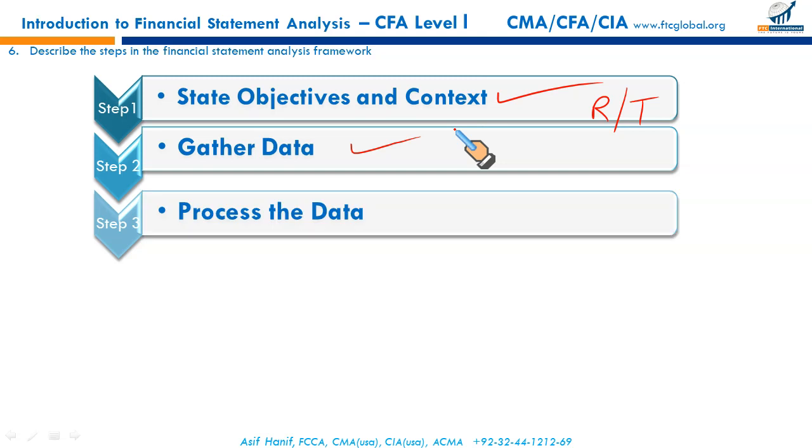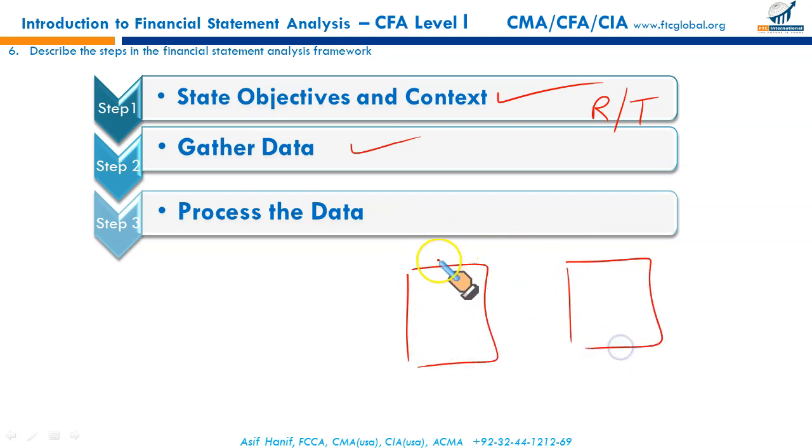Third, process the data. Once the data has been gathered, you may need to make some adjustments to make data comparable. Like for example, one of our subsidiaries is operating in Pakistan where we follow IFRS, and another subsidiary of similar nature, of similar asset base, is operating in the US where the US GAAP is to be followed.